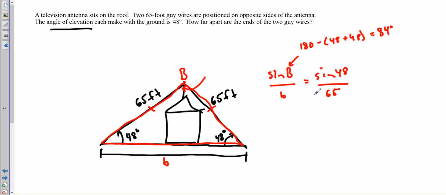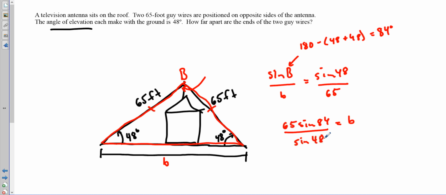So now we're going to figure out what B is. Simply, we take 65 times the sine of 84, and that equals B divided by the sine of 48. So we have 65 times the sine of 84 divided by the sine of 48.